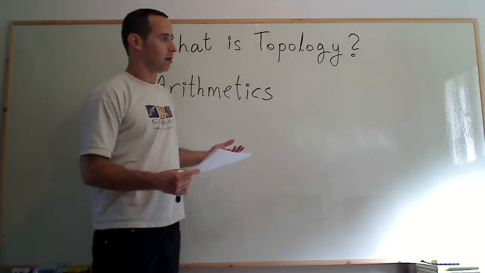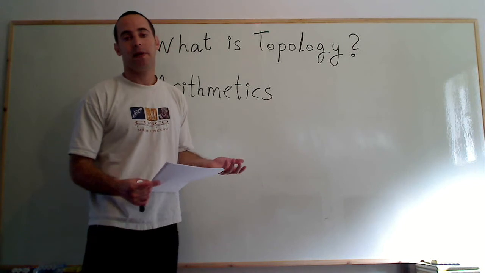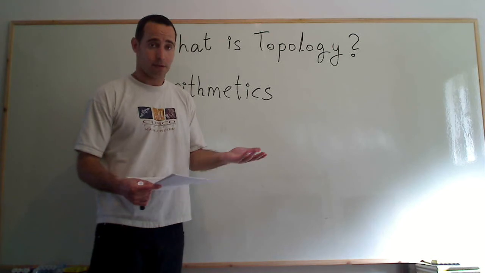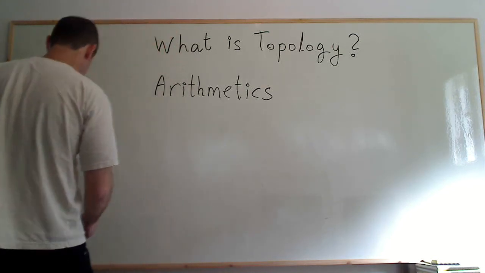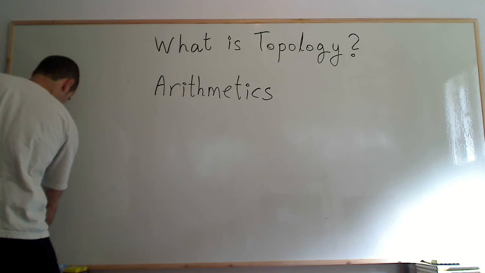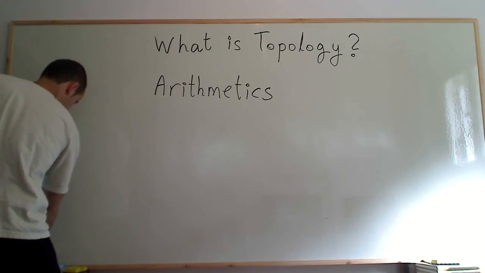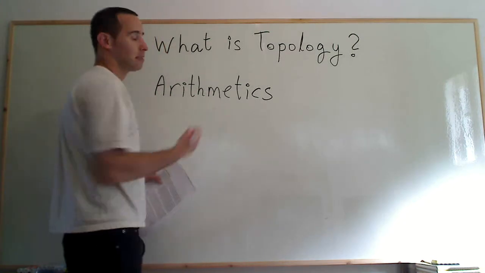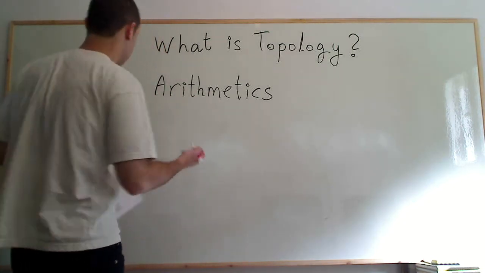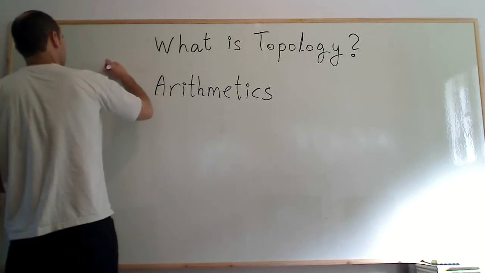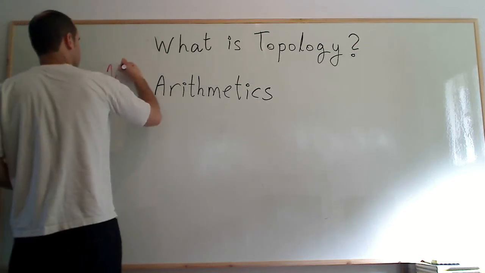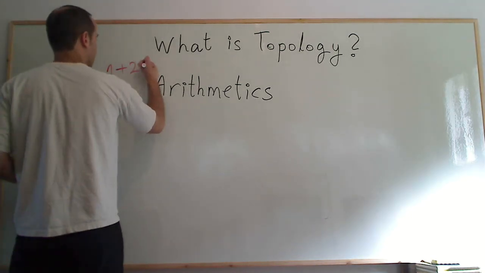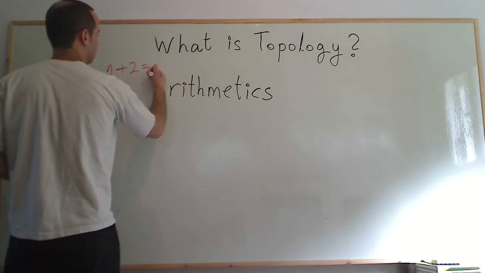Okay, so we go to the supermarket and we buy 2 apples and 3 oranges, and we count how many fruits we bought, this sort of thing. Let's say it's the mathematics of simple numbers. Okay, let's call it that. So it's like 1 plus 1, 1 plus 2 equals, and so on.